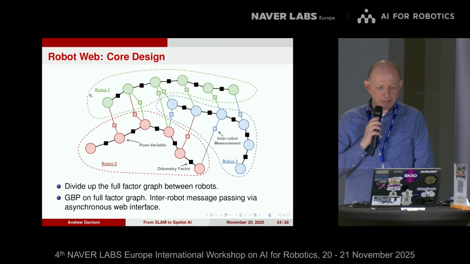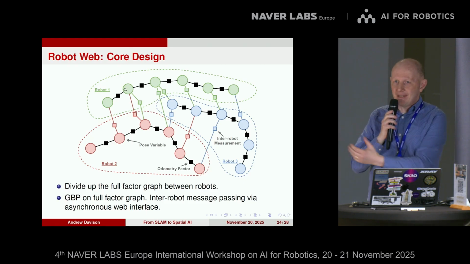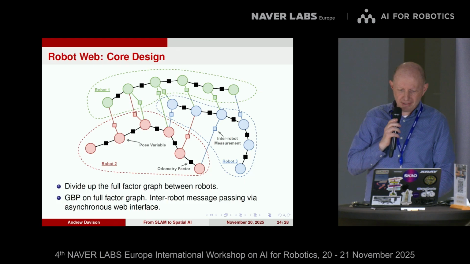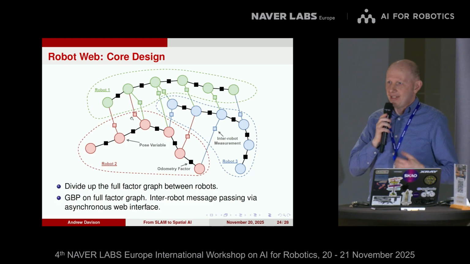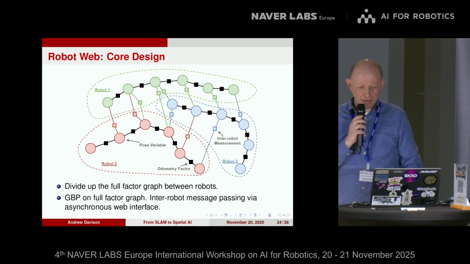The green robot will store the part inside this dotted line, which is stored on this robot's processor. It passes messages around the parts of the factor graph inside the dotted line and tries to bring it to convergence. But it also wants to pass messages across these dotted lines. Obviously this has to be done by communication, so the robots have to talk to each other.